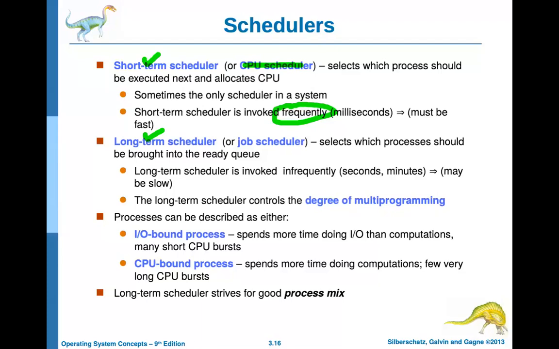Because it is more frequent, and the time is in milliseconds. Second requirement is it must be fast. This is the scheduler which selects the next process and allocates the CPU for execution. So that is the short-term scheduler.